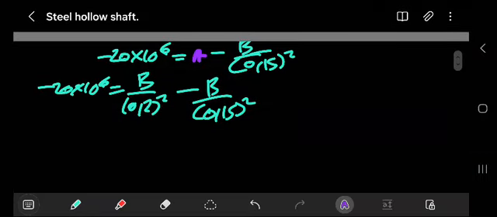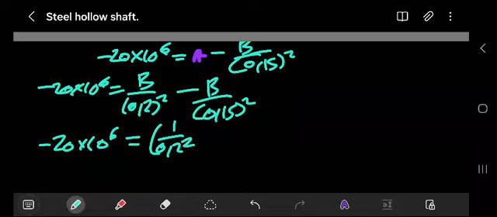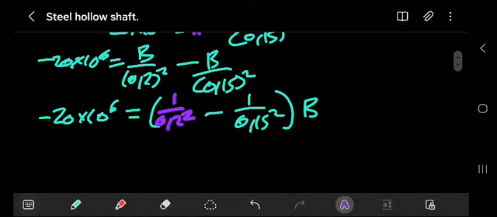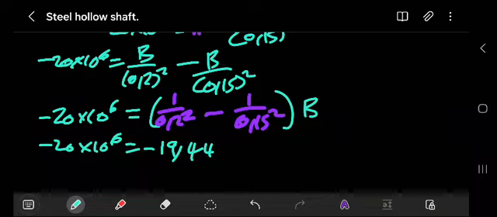Matter of maths, we take the common factor of B, and we are left with 1 over 0.2 squared minus 1 over 0.15 squared, times B. Punching this on our calculator, 1 over 0.2 squared minus 1 over 0.15 squared, this will be negative 19,444.